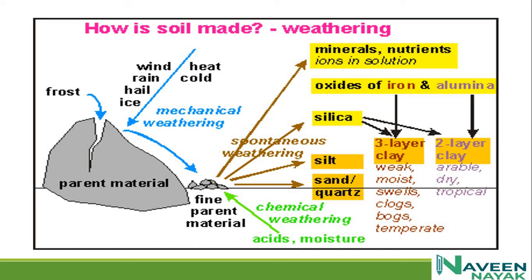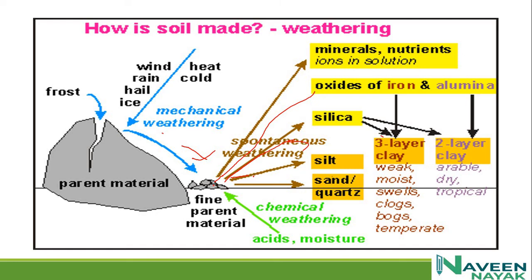See here how the soil formation takes place. The first stage is weathering of rock, and the second is the disintegration of rock. After disintegration, the soil will form, with mineral nutrients, ions in solution, oxides of iron and alumina, and silica, silt, sand, quartz.